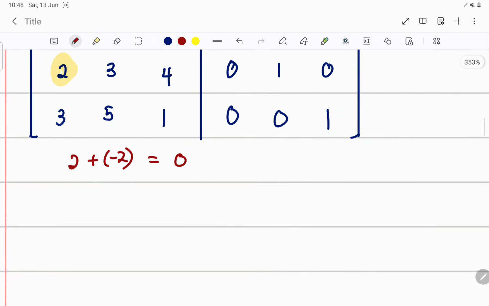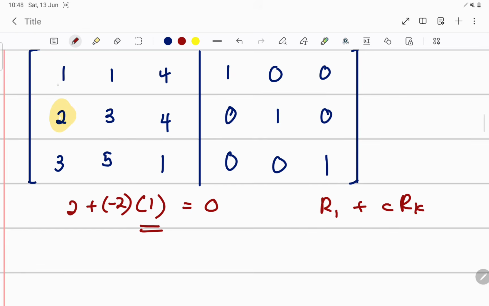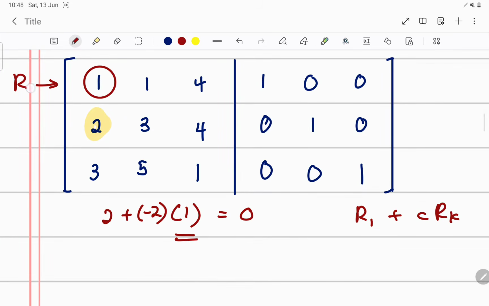So this negative 2, because our formula just now is Ri plus CRK, by right, you have to multiply negative 2 with something that you can get equal to 0, which is 1. So where to get this one? 1 is coming from row number 1 here. Row 1.